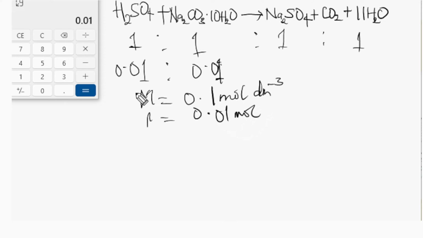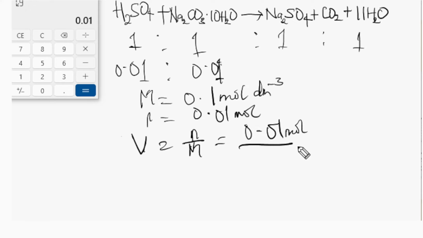So all we are simply going to do here in order to get the volume is to divide the number of moles by the molar concentration. This will give us 0.01 mole over 0.1 mole per dm cube.